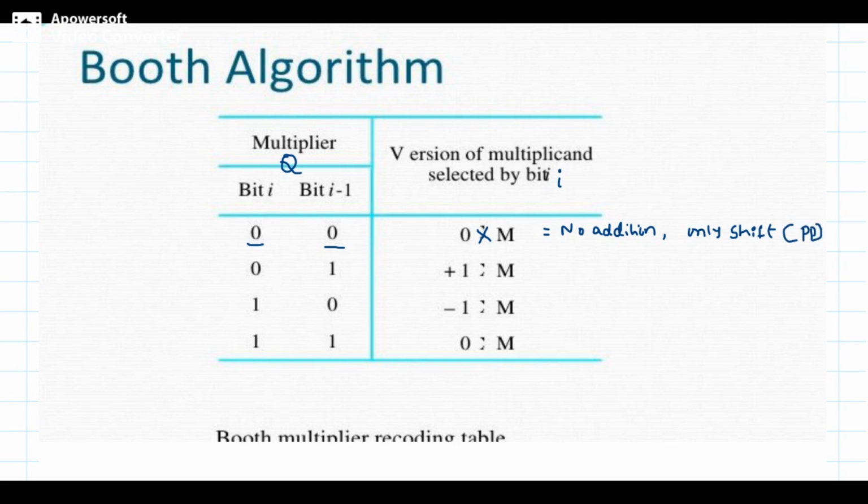Similarly, if bit i is equal to 0 and bit i minus 1 is equal to 1, we perform plus 1 into M, that means perform addition of M with the partial product.